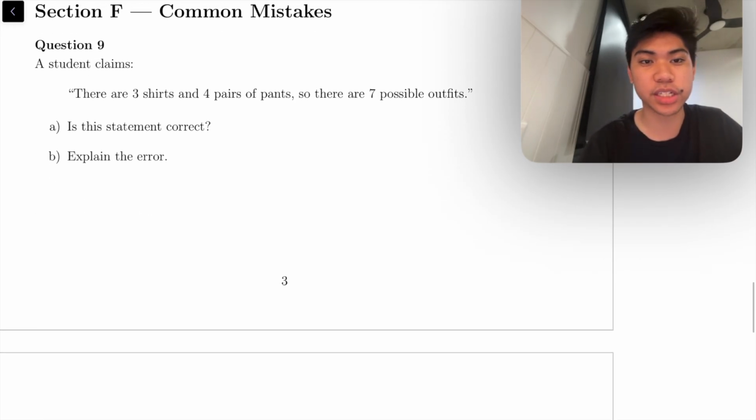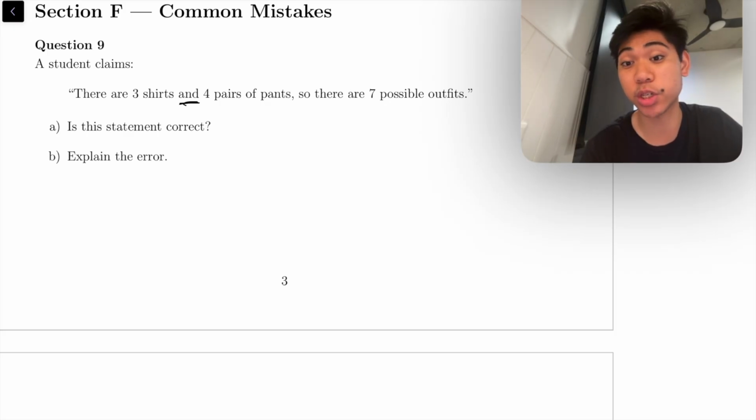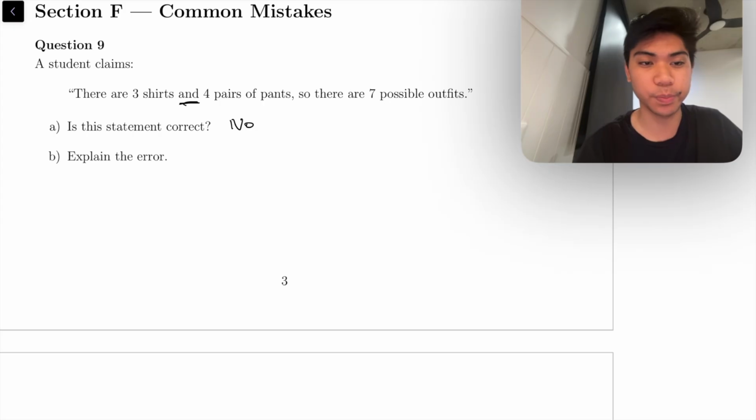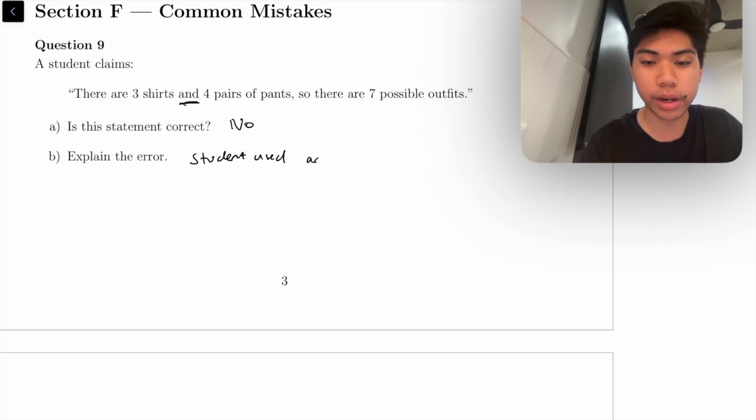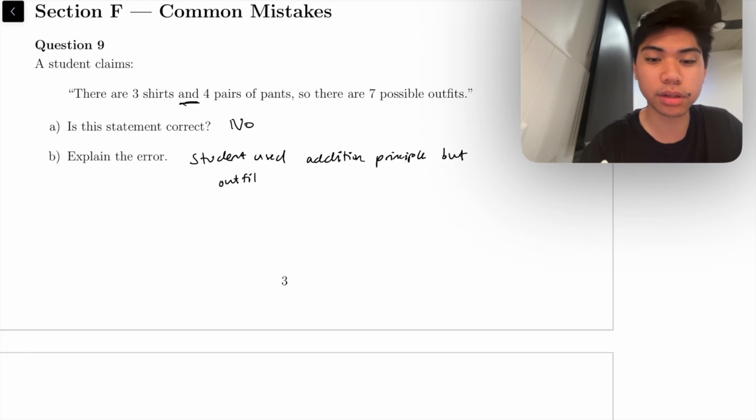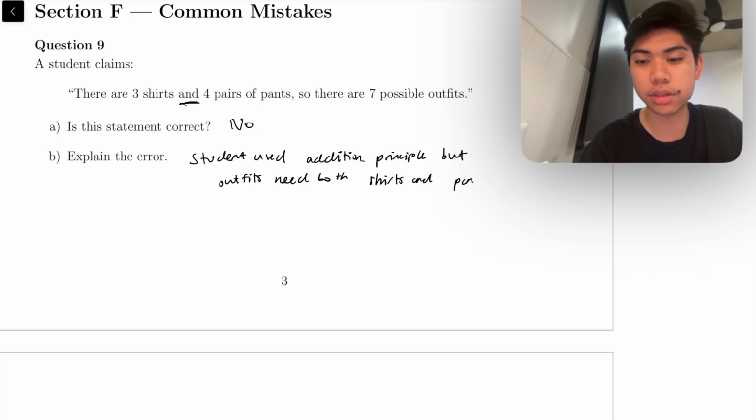Section F asks about common mistakes. So a student claims there are 3 shirts and 4 pairs of pants, so there are 7 possible outfits. Is this statement correct? No. And you have to explain the error as well. So we can say that the student used the addition principle, but outfits need both shirts and pants.